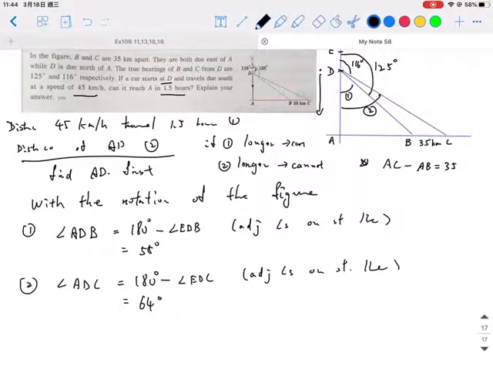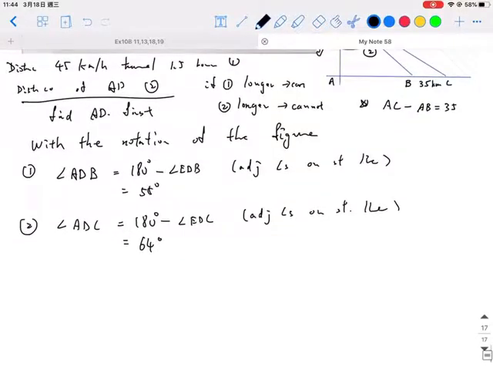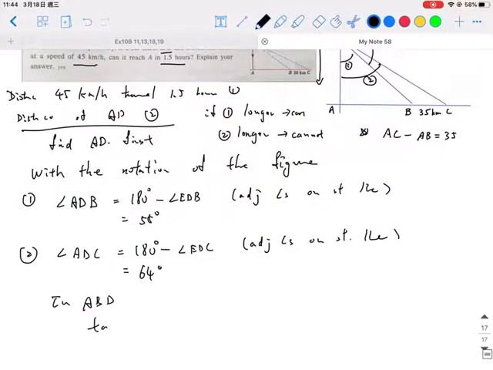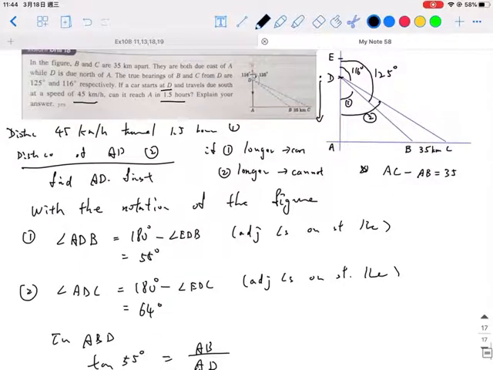This is similar to the previous instant drill question. So I try to find in terms of triangle ABD first. I write down tangent 55 degrees, which is equal to AB over AD. Okay, so first triangle, I try to write down in red. And second triangle, I will use this ADC, I try to write in blue color here.